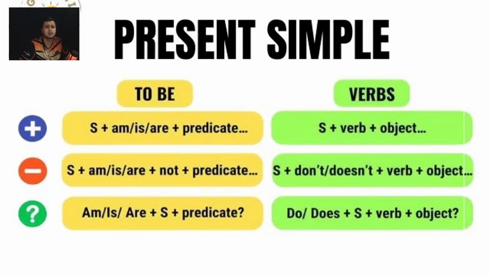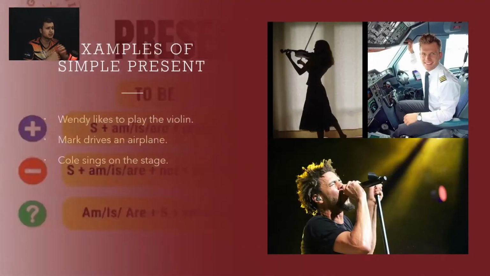In the verbs, we have do or does, then the subject, then the verb, and then the object. It could sound kind of confusing, but we must understand the structure before making a sentence. And now we are going to see some examples.